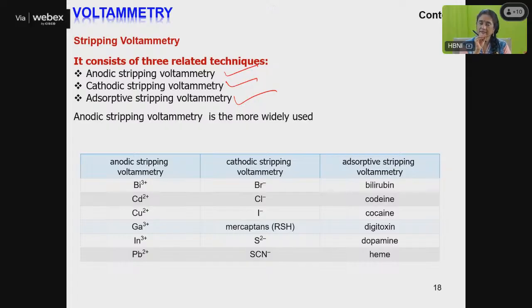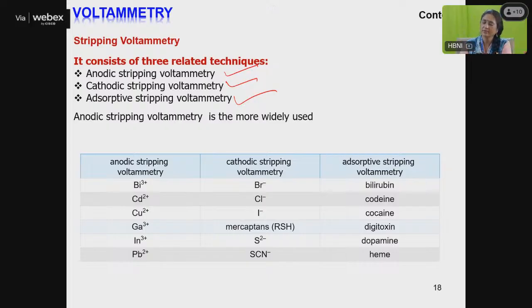Then you allow deposition for, say, 1 minute or so, and then you strip it again, so that all that analyte is pre-concentrated in a small volume of the drop. Your concentration increases, and you get a proper signal when your analyte concentration is very low. There are three types: anode stripping, cathode stripping, and adsorptive stripping, depending on the voltage you apply.